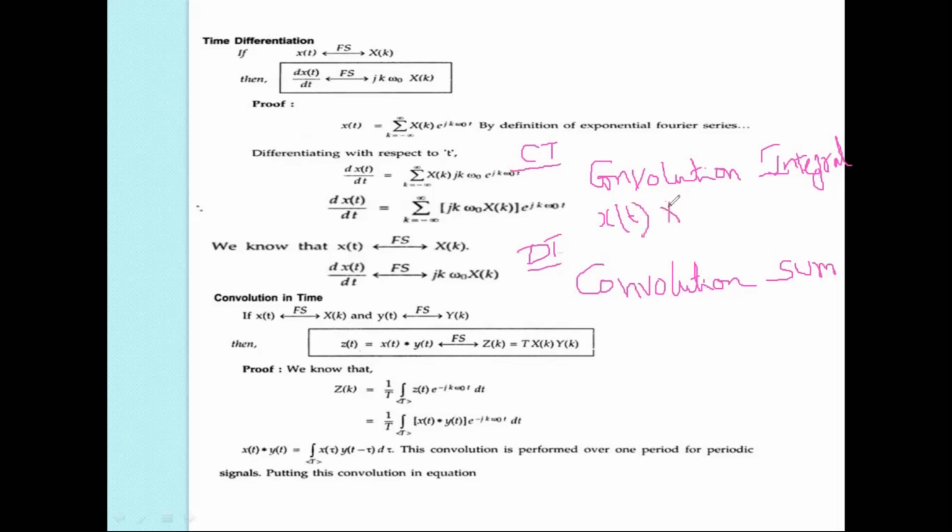The convolution is denoted by an asterisk, the convolution symbol.